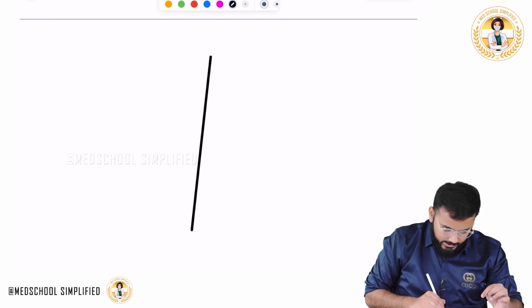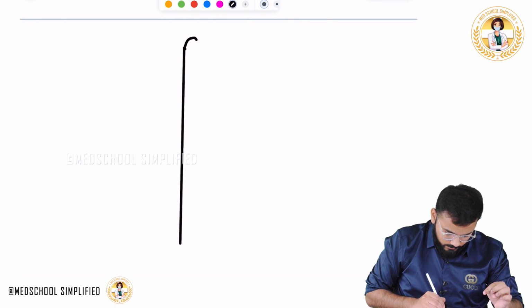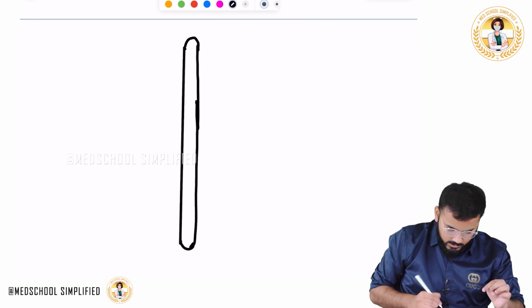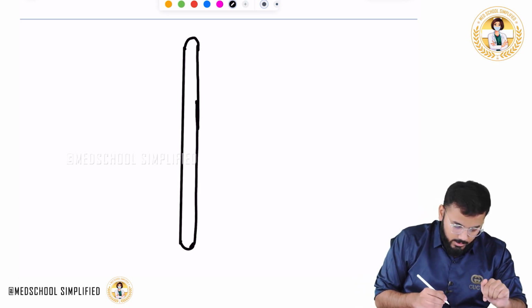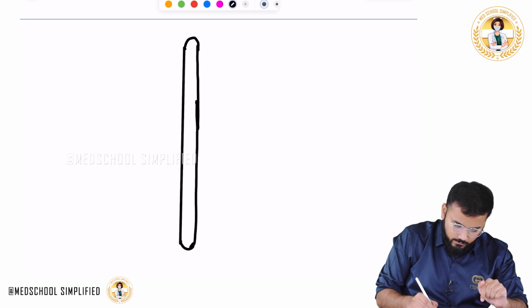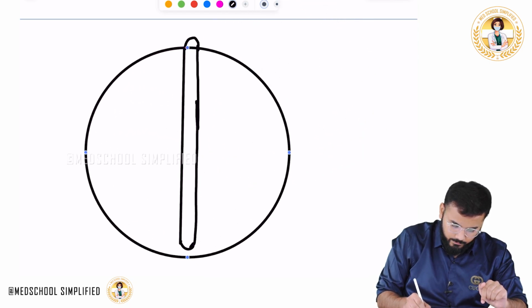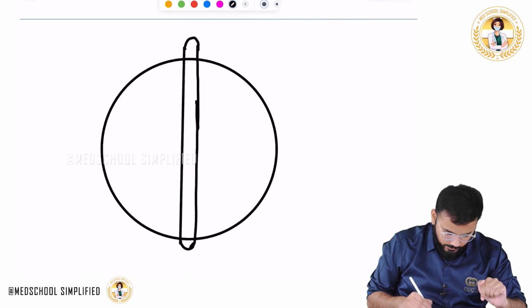So obviously in the center, the structure which you have got over here is your vermis. Okay. And after that, here you have got a circle, let us say. Right.